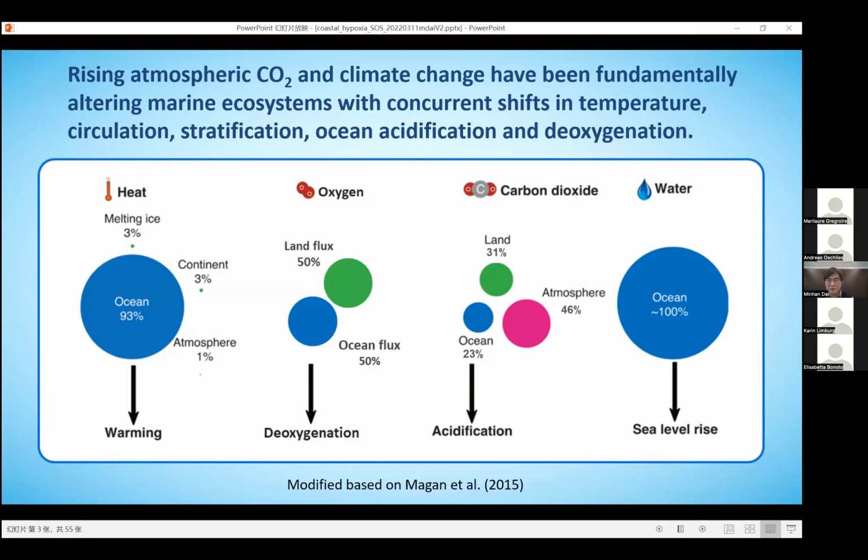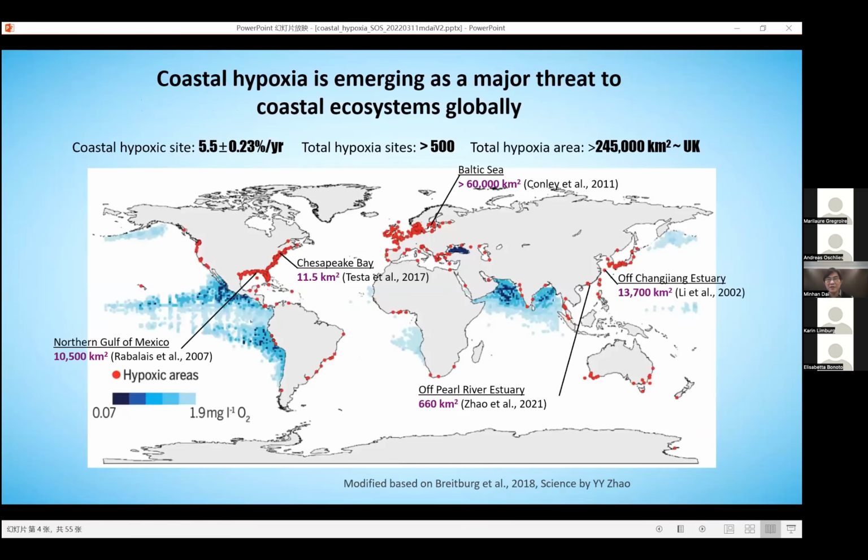Deoxygenation is the focus of this presentation and also, of course, these webinars. We have seen this slide, but I'll try to highlight it again. Vera was showing this one: the sites increasing about 5% per year based on the enhanced observation capacity, of course.